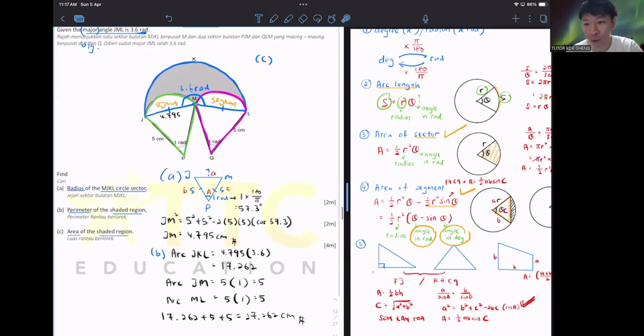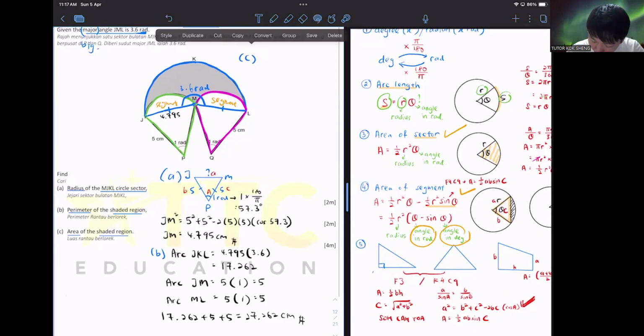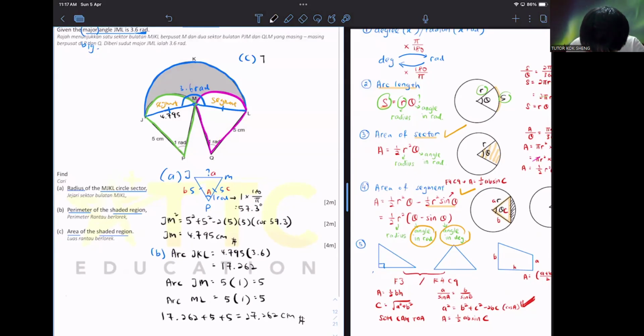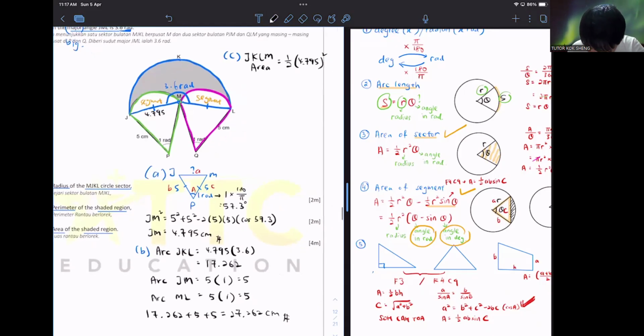Let's start from the blue color first, the big one. This one 4 marks. Start from what? Blue color one, JKLM. JKLM area equals 1 over 2, radius is 4.795 squared, and also times it with theta.